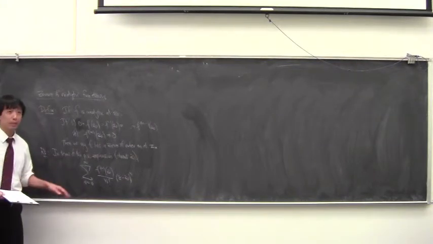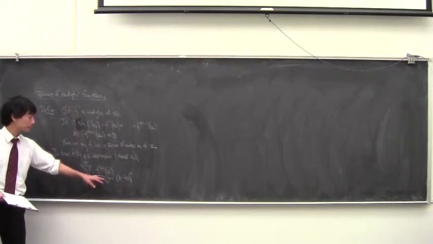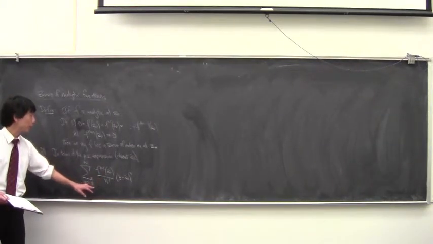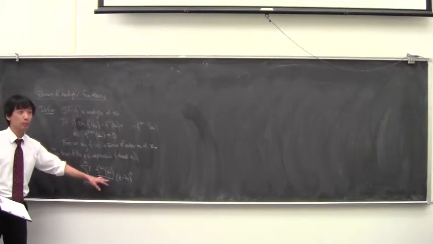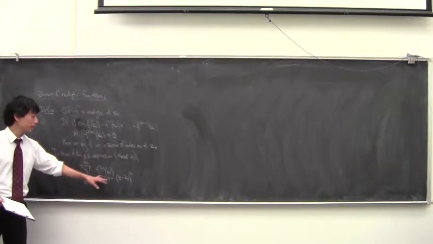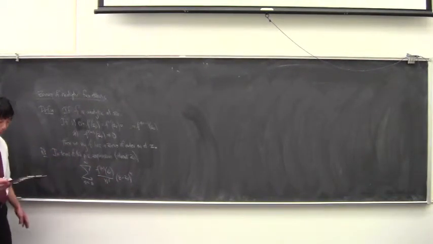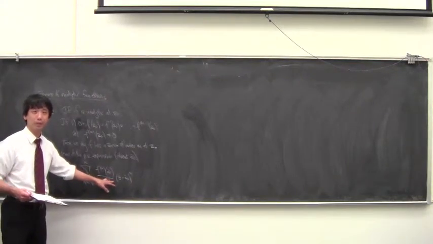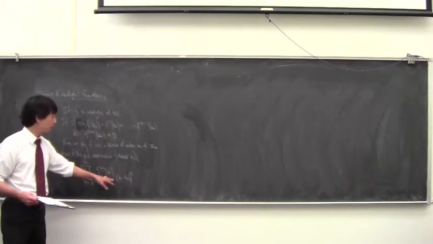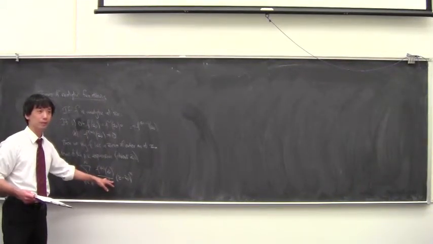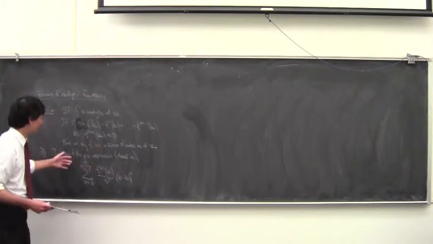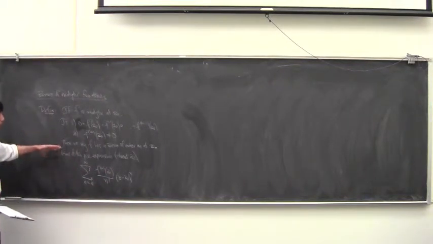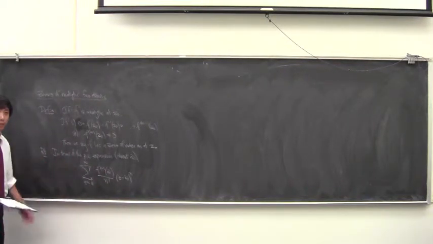And so what this is saying is that the first m terms of the power series are 0, the first m coefficients of the power series are 0, and that the (m plus 1)th coefficient is non-zero. That's if you want to translate it to what it means in terms of the power series.